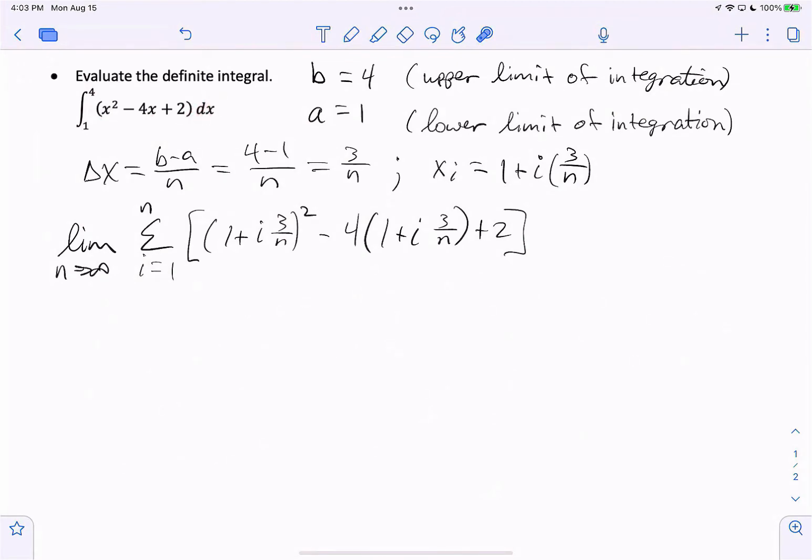This is dx, but in the definition it was delta x, and that's going to be 3 over n.